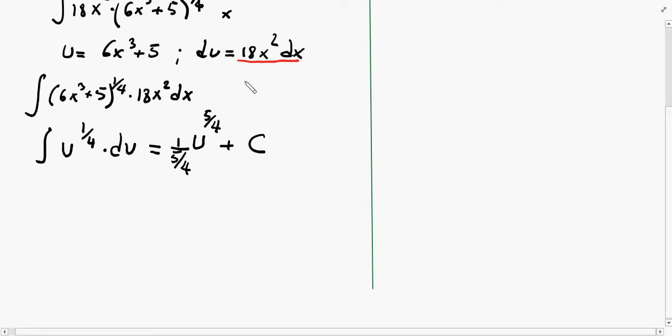We can plug back the value of u into this u here. So the final result is going to be 1 divided by 5/4, which is the reverse, 4/5, times u, which is 6x to the power of 3 plus 5, to the power of 5/4, plus the constant of integration.